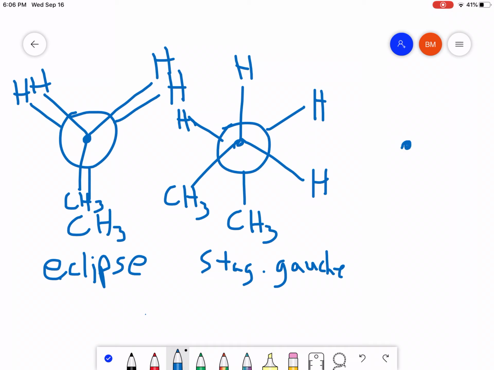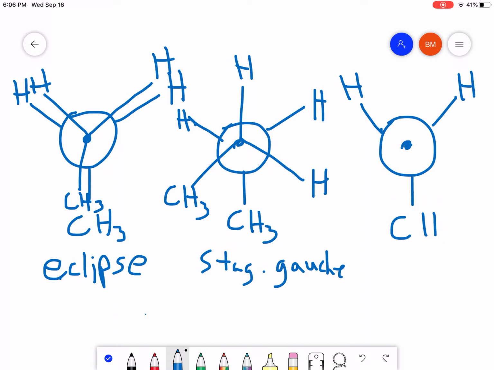And then do it again. And we'll go through one final eclipse. Now, obviously, the molecule would keep spinning indefinitely, but if we do this again, we just end up at the original staggered anti. So these are the 6 Newman projection formulas for butane.